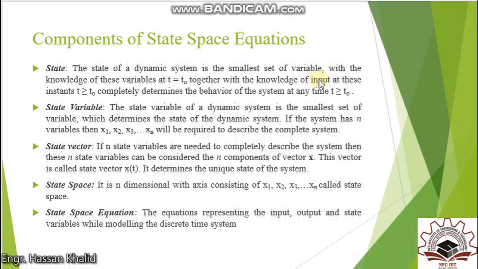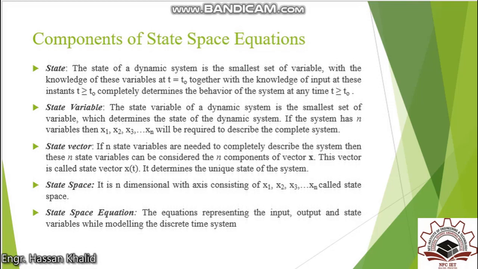It determines the unique state of the system. The next term is the state space. It is the n-dimensional space with axes consisting of all the state variables, from x1 to xn. It is called the state space, sometimes also termed the state space model.